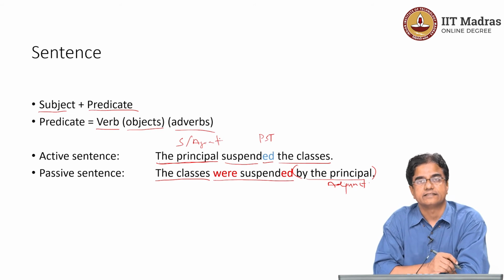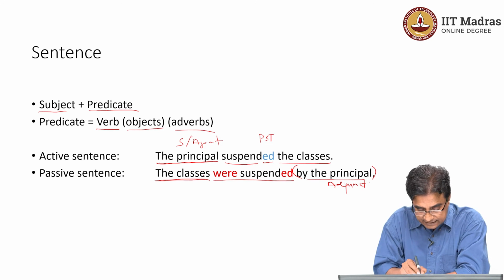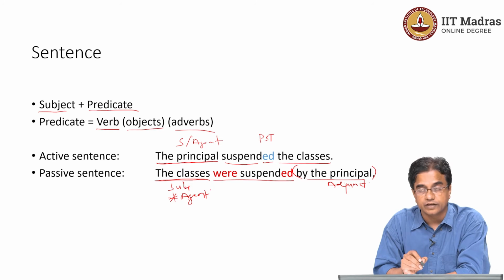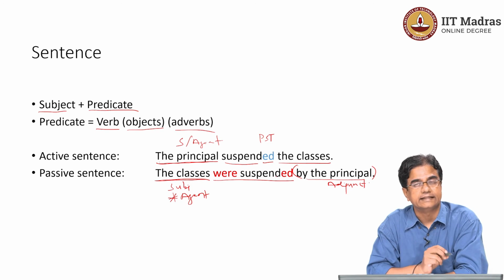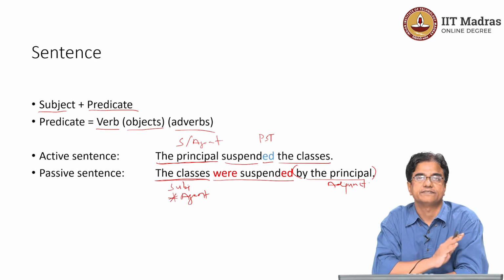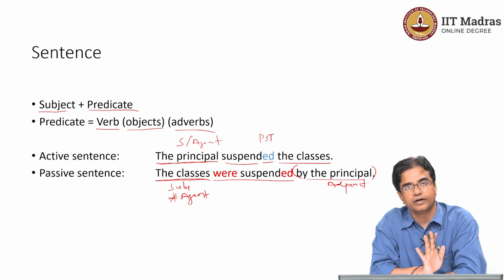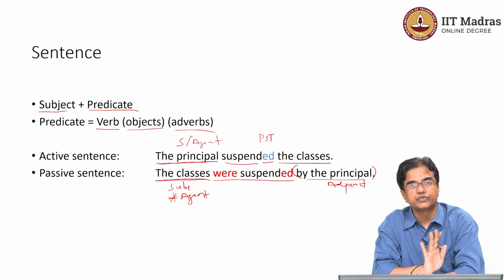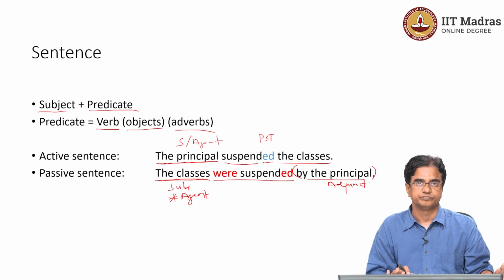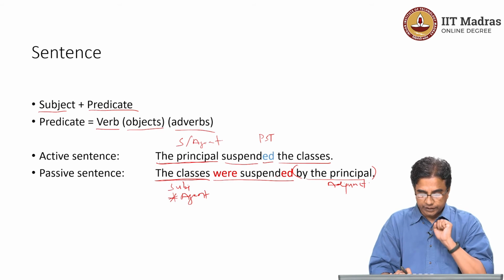In the passive sentence, the classes is the subject of the sentence, but this is not the agent of the action. That is, the action is not being done by the subject in the passive sentence. This is an important part we need to understand. This is what I meant when I said agency is removed.